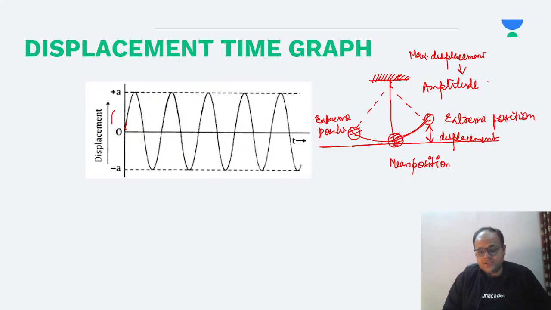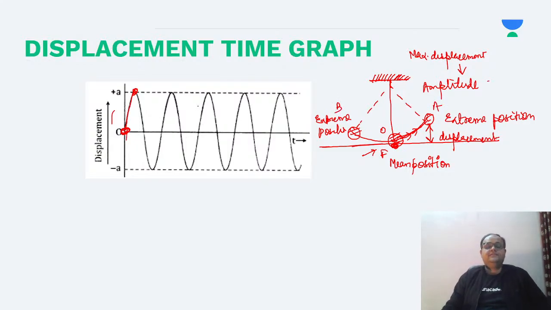The body starts from this point, the mean position. It is the reference point. Now, as I have applied a force, the body starts moving up. The amplitude keeps on increasing, it attains a maximum value. Let us call this A, this is A, this is B.